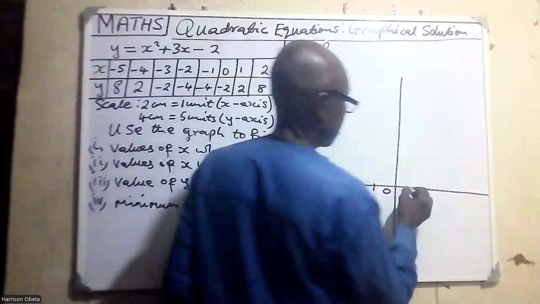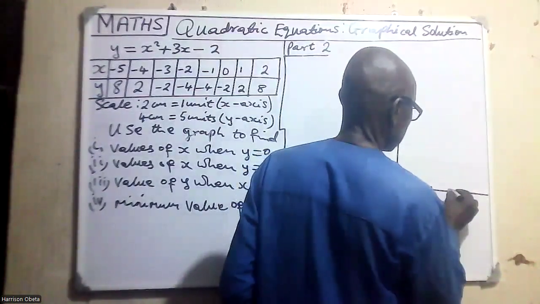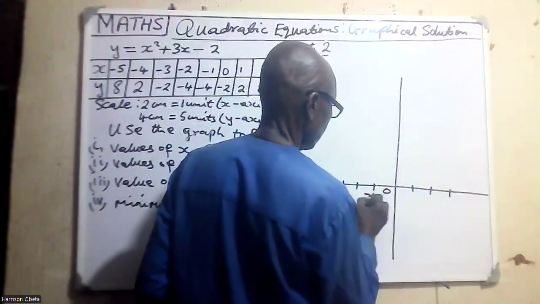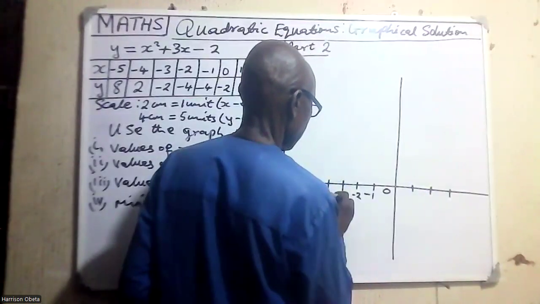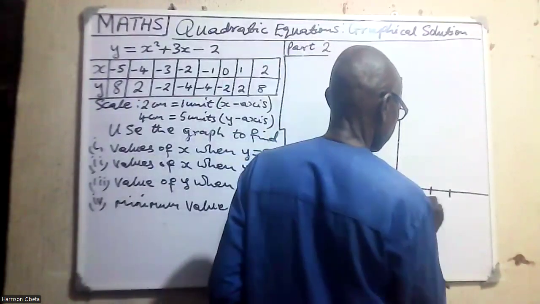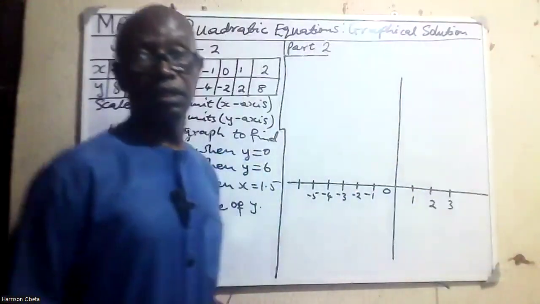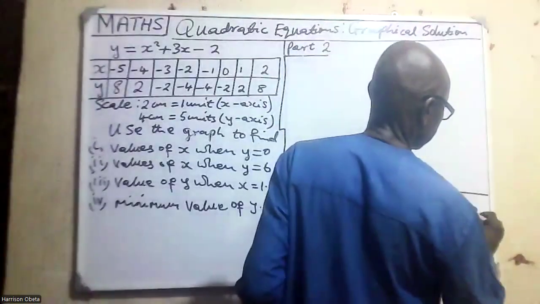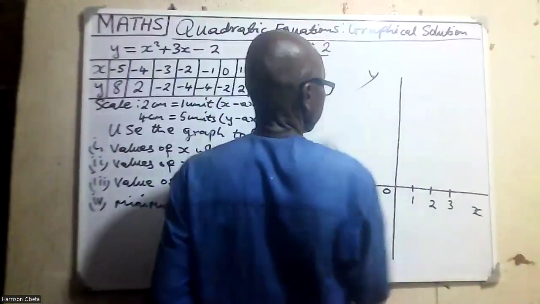So for this, we can have -1, -2, -3, -4, -5. This should be 1, 2, 3. That is for x-axis. This is x-axis, this is y.